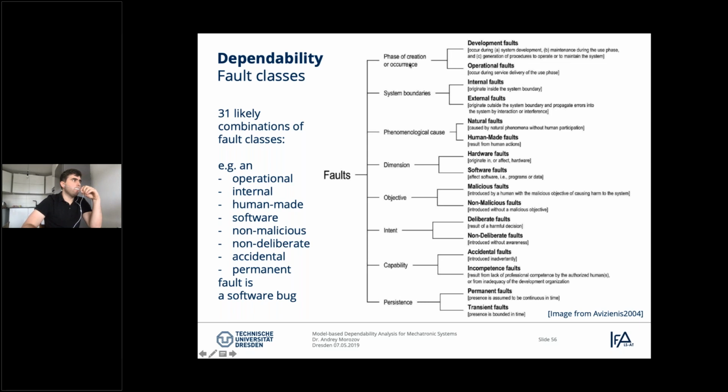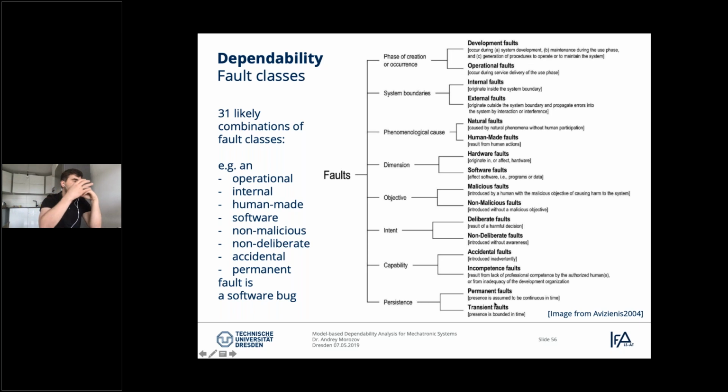They classify the faults according to the next categories: phase of creation, system boundaries, phenomenological cause, dimension, objective, intent, capability, persistence. And for example, according to the phase of creation, it's either a development fault or an operational fault, depending on where it was introduced, either during the development, like a bug, or during the operation, like a broken wire, system boundaries, and so on and so forth.